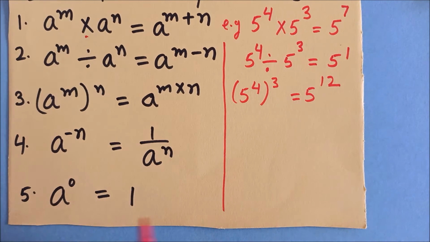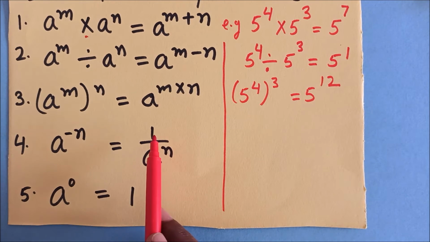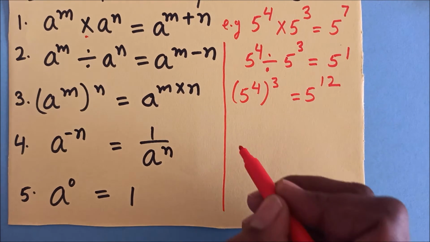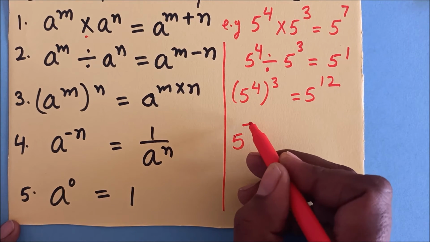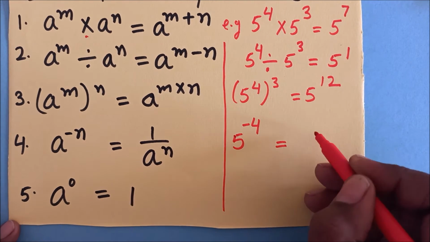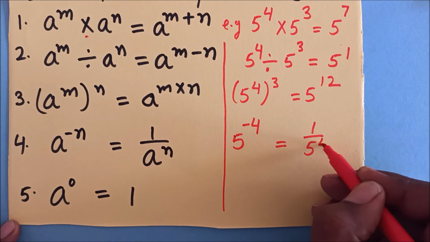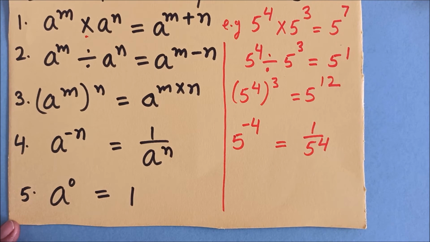Then the fourth one: a^(-n) equals 1 over a^n. That means if we have 5 and its power is negative 4, this can be written as 1 over 5^4. And the other one, a^0 is 1.